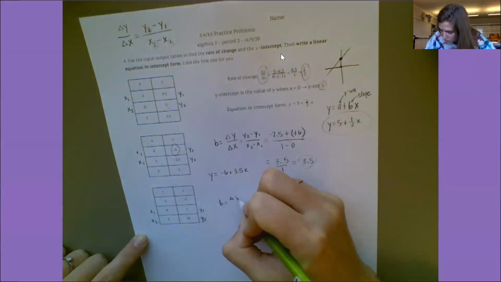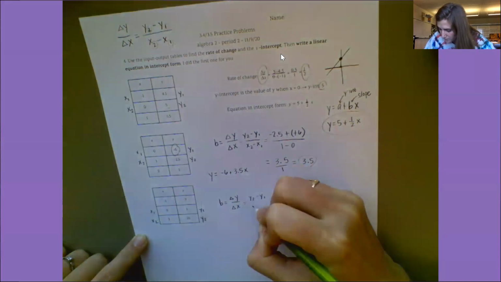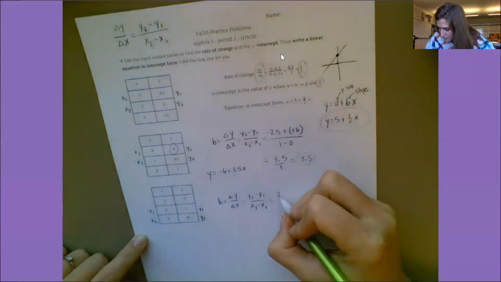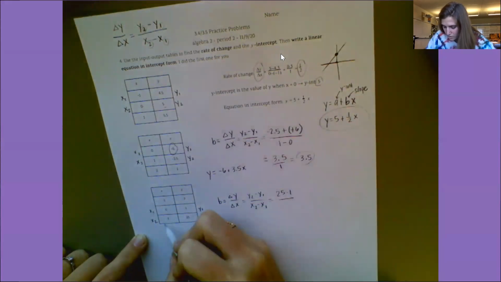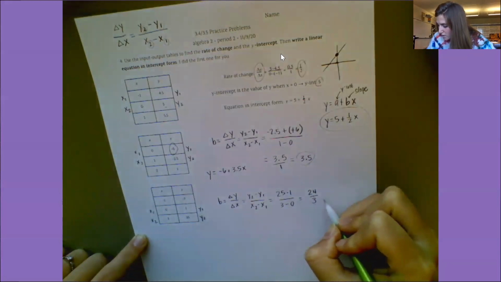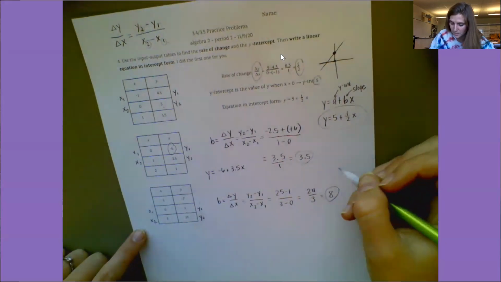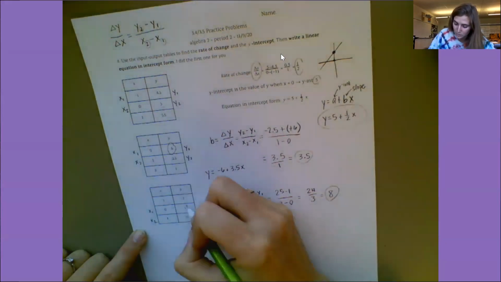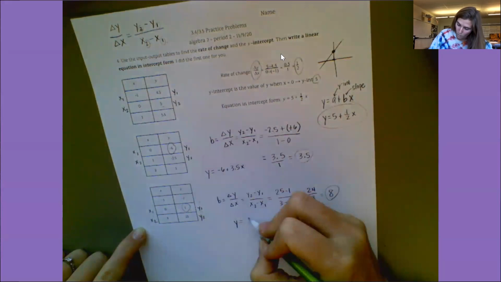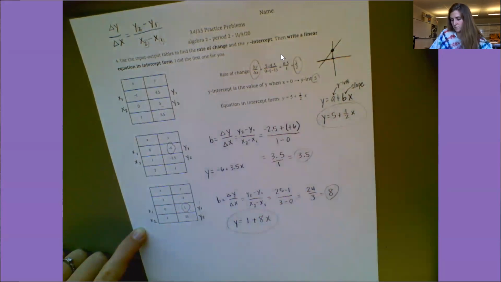B equals change in y over change in x, which equals y2 minus y1 over x2 minus x1, 25 minus 1 over 3 minus 0 gives me 24 over 3, which equals 8. And then my y-intercept is the y value when x equals 0, so that's 1. So my equation will be y equals 1 plus 8x. Here's my solution.